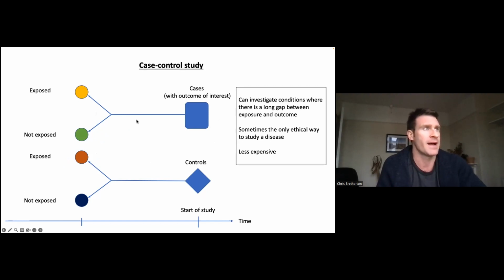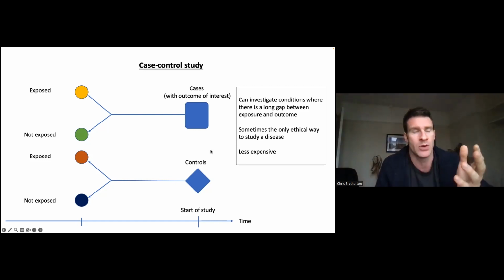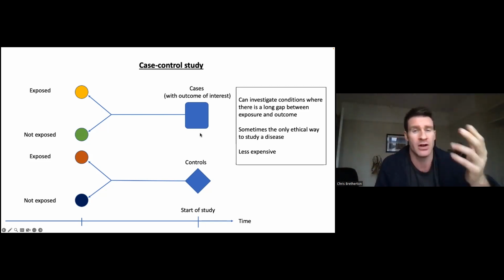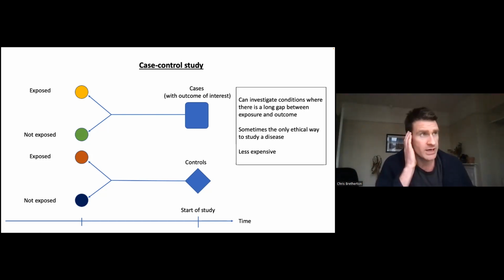The good thing about that is that if there's a long time between an exposure and the emergence of a disease, these are good studies for looking at that, because they're usually cheaper. And you wouldn't want to do a study where you were exposing people to asbestos and then seeing if they got cancer. So this is really the only way of finding that, and that's how it was done in the past. So that's a retrospective study.